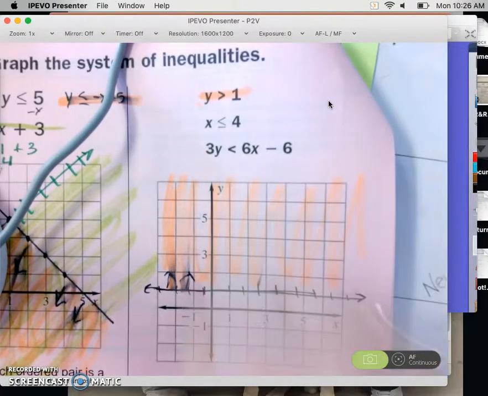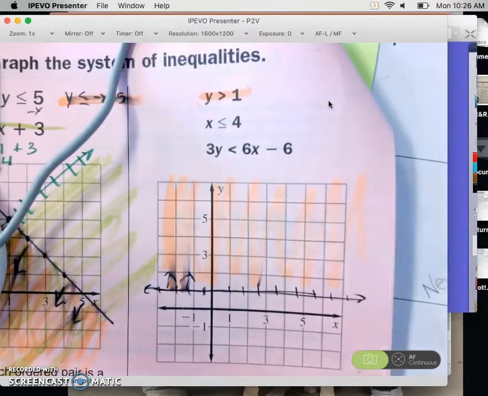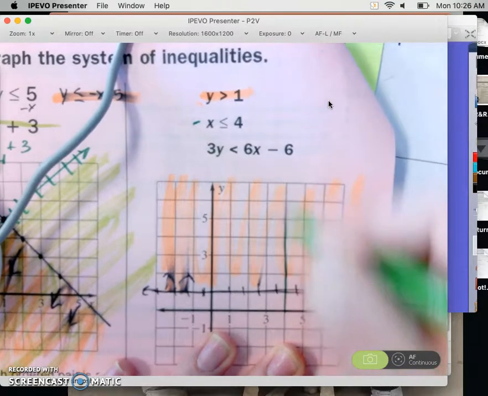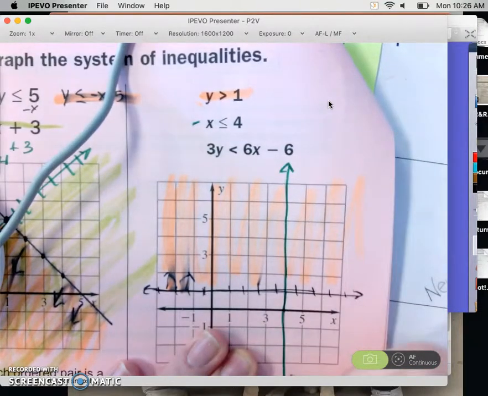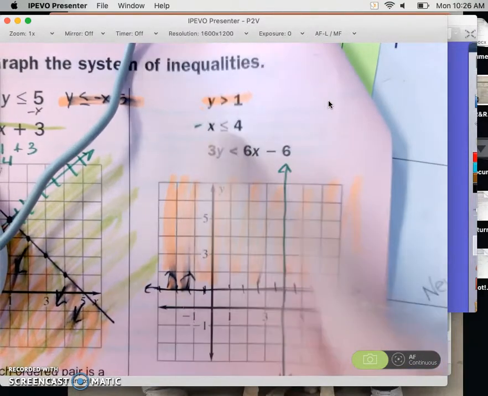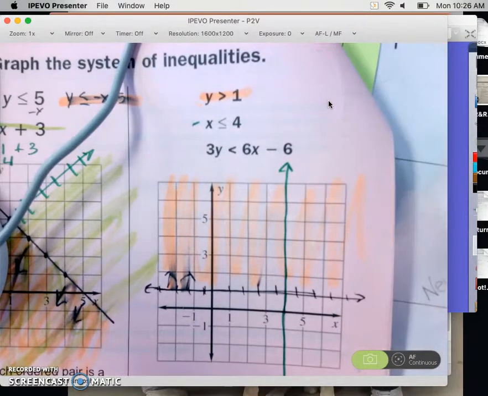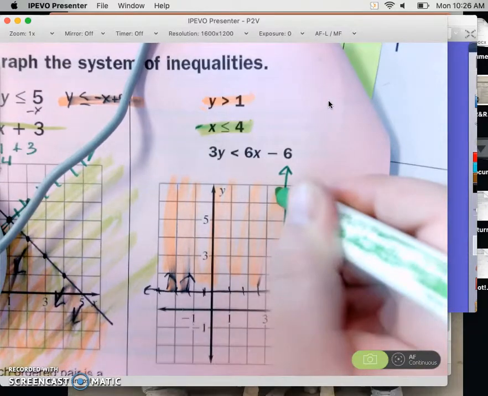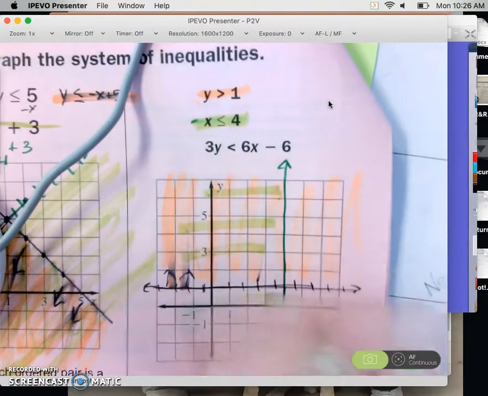Okay, and then x is less than or equal to 4. So x, solid line at 4. And it's less than or equal to, so anything less is going to be this way.